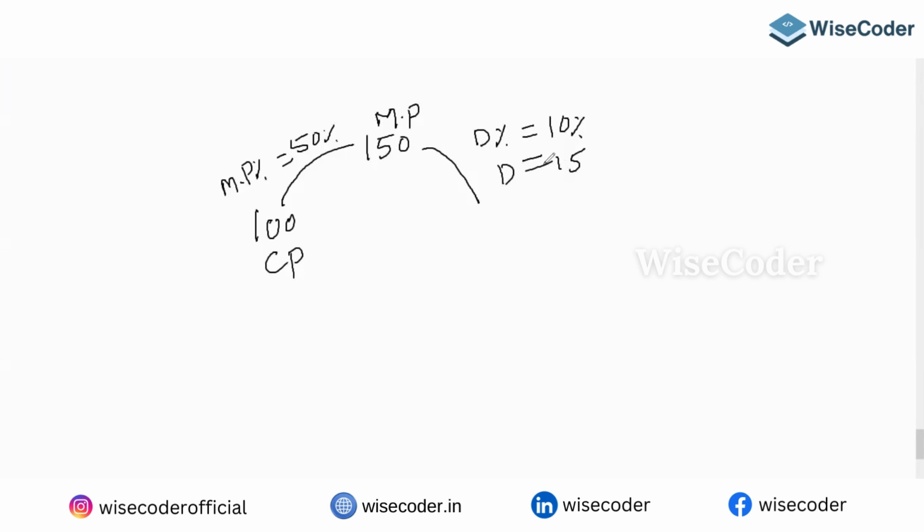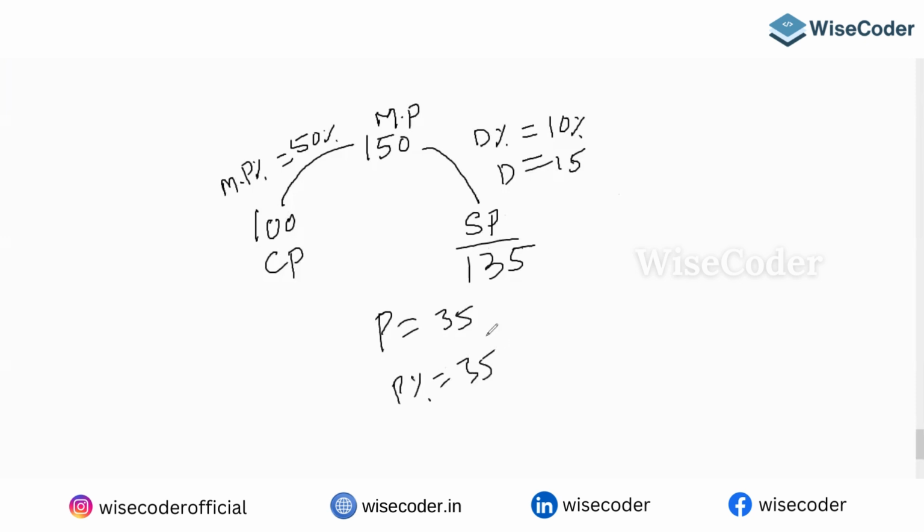So your selling price is 150 minus 15, which is 135. You bought it for 100 and are selling it for 135, so your profit is 35 rupees.